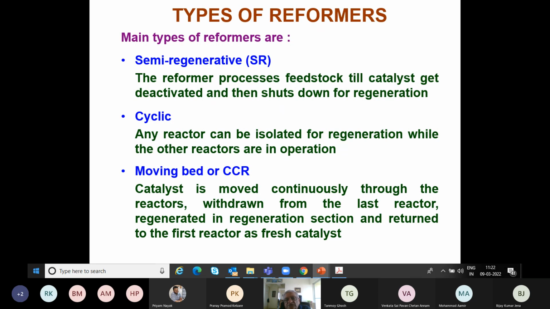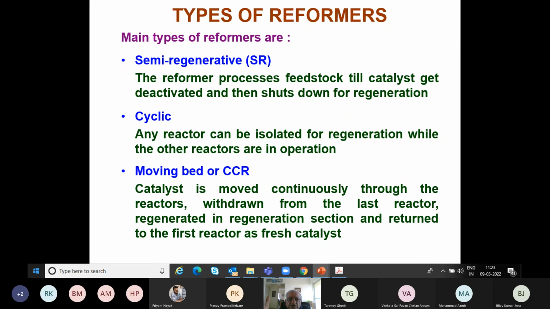So here, why is it called semi-regenerative? Because the reforming process operates for 10 months to almost 14 months, where the catalyst goes through a gradual deactivation, and then we shut the unit down for regeneration. So it's a kind of semi-regenerative.